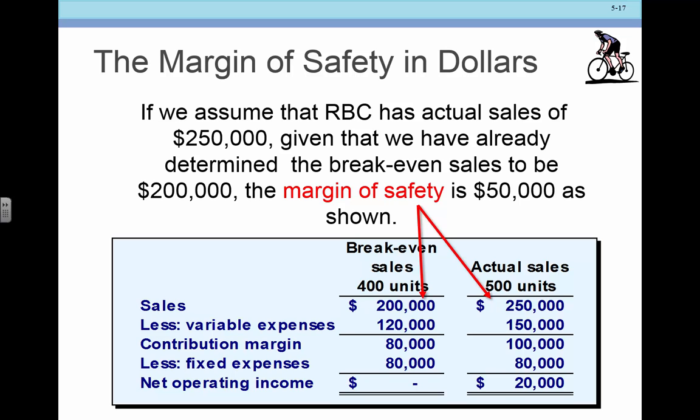So another question is responding to this question of margin of safety. Right now, my actual sales are $250,000. What was my break even? Do you want to calculate it again? Fixed costs are 80.